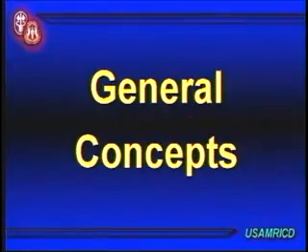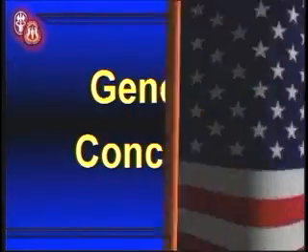Let's now talk about some general concepts. It's common to hear the expressions mustard gas and nerve gas as if these agents were in fact gases, which they are not. So we'd better take a few minutes and decide exactly what we mean when we use the terms solid, liquid, gas, and vapor.